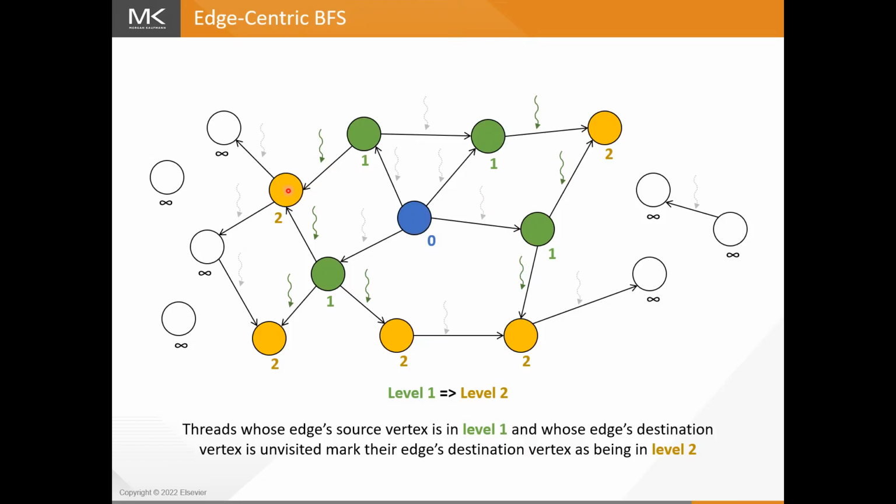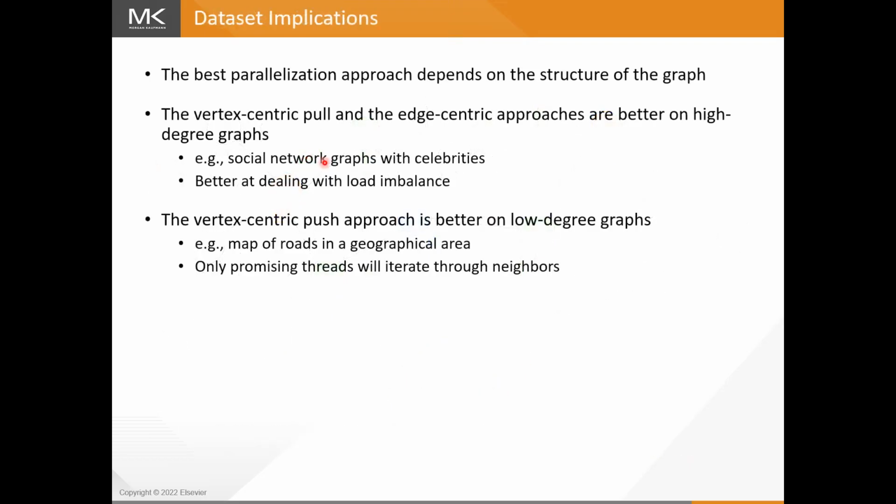And for this reason, the better approach depends on the actual data set. So in graphs where you have high degrees of the vertices and also kind of a power law distribution where there's a lot of variation in the number of neighbors that different vertices have and the degrees of the vertices.